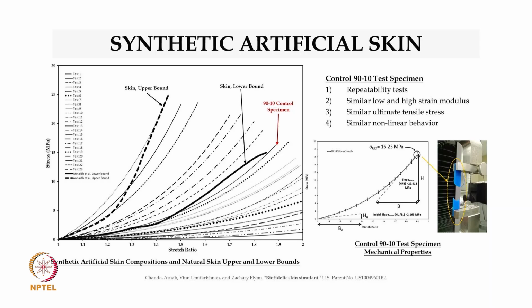Most of the key results are captured within this large plot on the very left. You're looking at a set of test compositions. Here we have mixed four different parts of silicon. They come in two different sets of additive cure silicon.